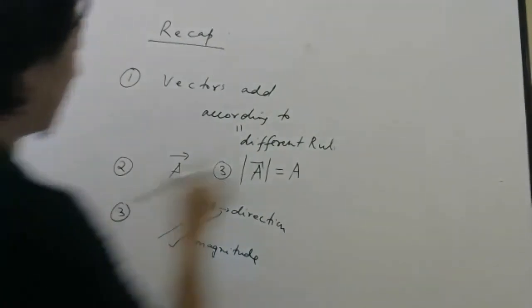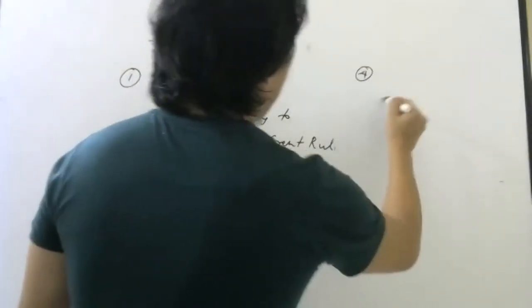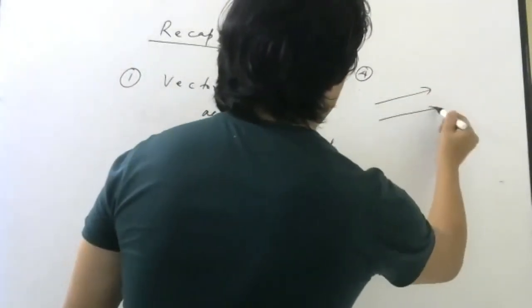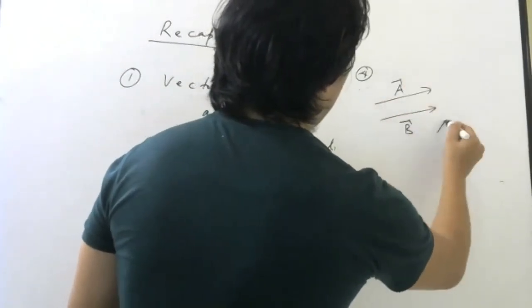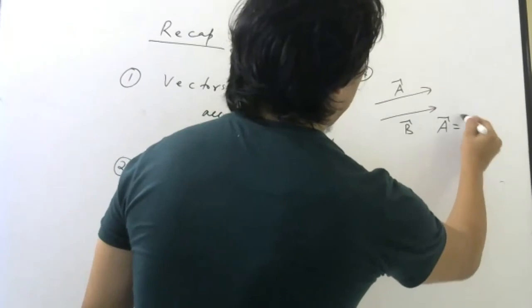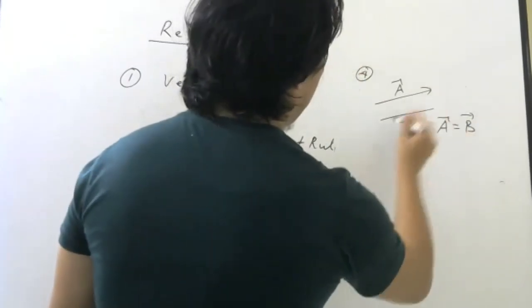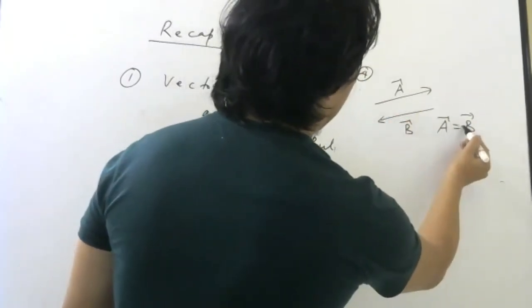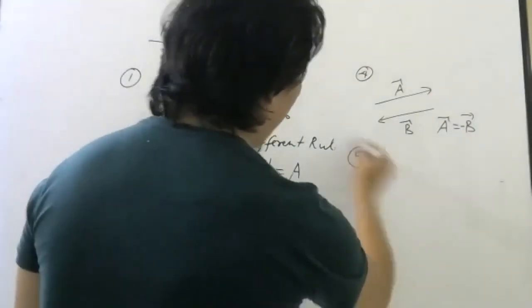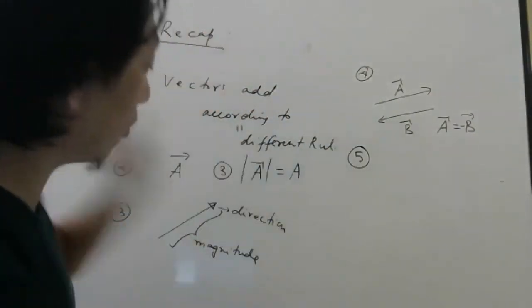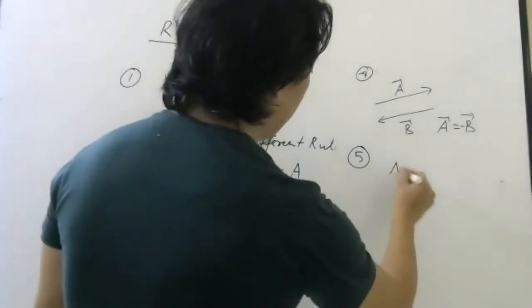And if two vectors are in the same direction and they have same magnitude, we call them equal vectors. And if the arrow is reversed, they are called negative vector. Okay, negative vector. And the most important thing for today, after knowing all these things, is unit vector.